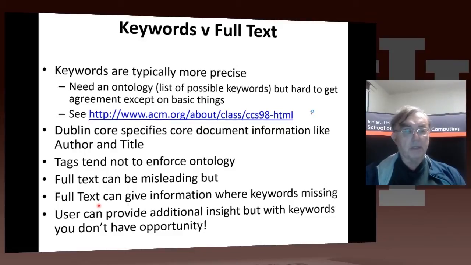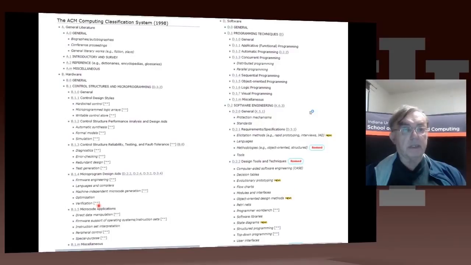and also to do keywords you need a so-called ontology, which is a list of possible keywords, and it's difficult to get agreement on ontologies. To show you what an ontology could look like, here is the ACM computing classification scheme from 1998, and it divides up programming into all sorts of different ways.